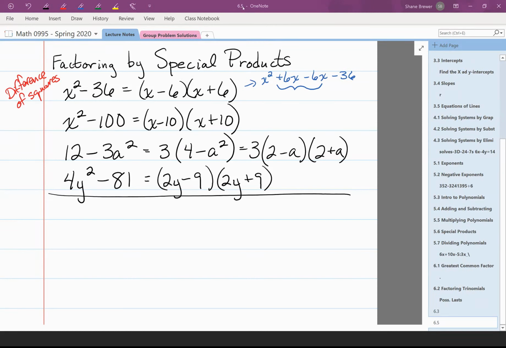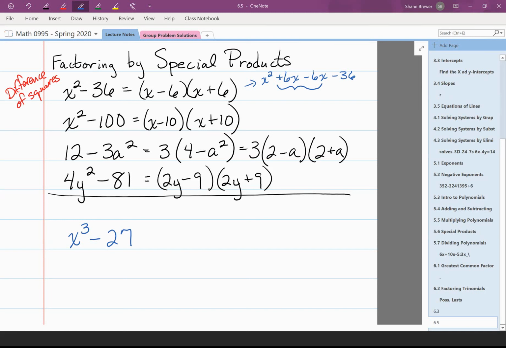So let's look at the next kind of special things that we're going to run into. Here we go. X cubed minus 27. Now, again, two terms. And what you notice here, though, is we don't have perfect squares. Obviously, the x cubed is not something squared. We have instead perfect cubes, right?